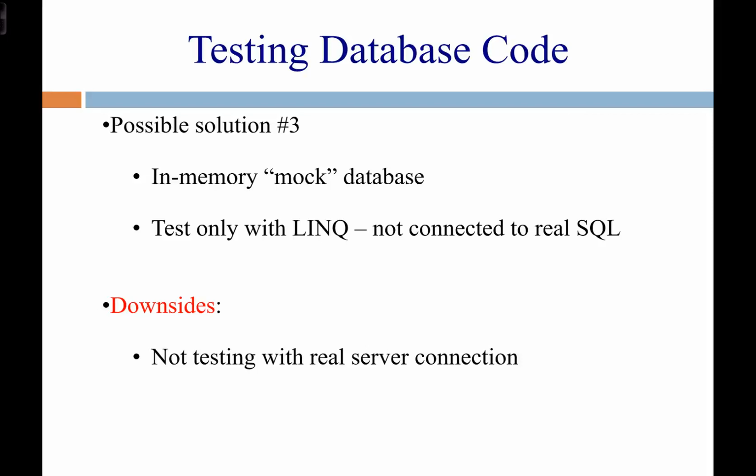The downside to option number 3, the only real downside I can think of, is that we're now not testing with a real server connection. So things like timing, if timing matters in the controller, then it's obviously going to be a lot faster with an in-memory mock database than it would with a real server connection. If there are race conditions or something, then timing can affect whether or not the race condition actually shows up and whether you know about it.